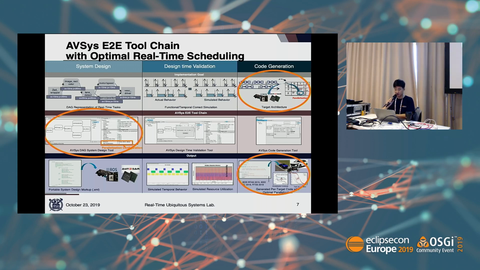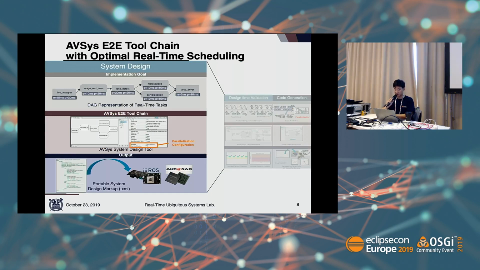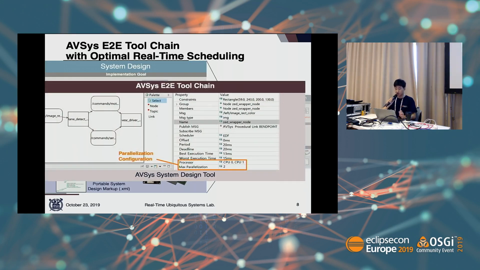First, in the system design stage, you configure the parallelization for each node, like what processor you are using and what the max parallelization is. If you type this information, then the AVSys covers this parallelization.